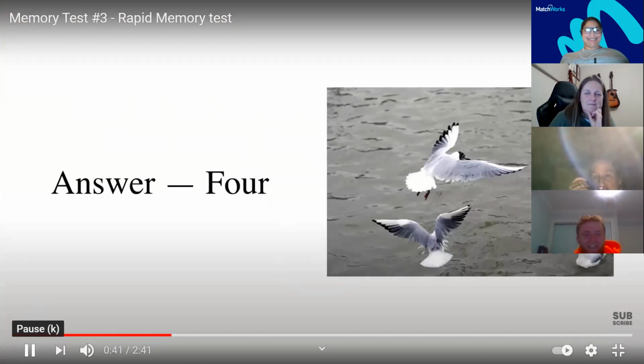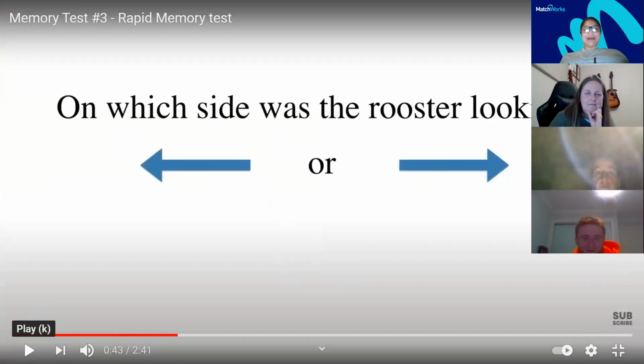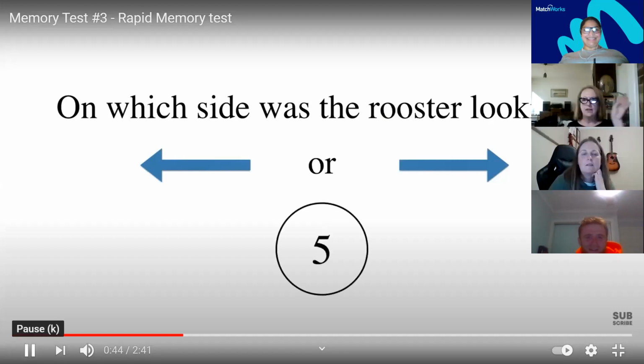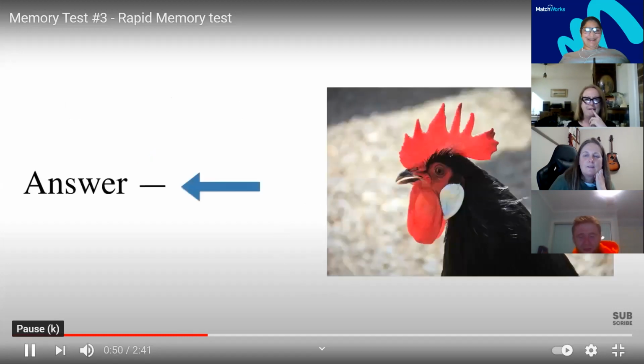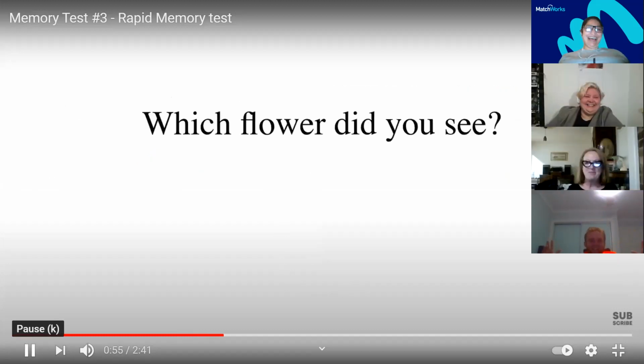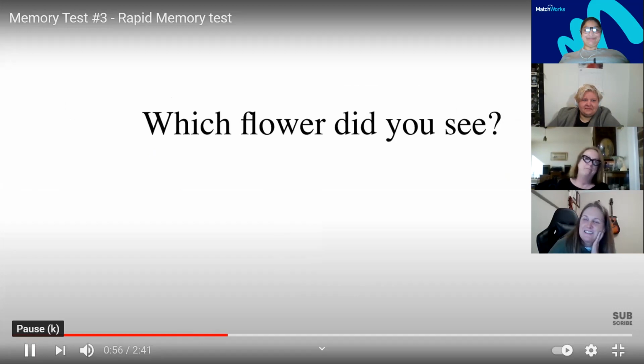It was flashing up that quickly. Which side was the rooster looking, right or left? Anyone? To the right, I'm going to say. No, left. Your left of the screen? Yes, everything's inversed. Yes, the left. Which flower did we see? Sunflower.